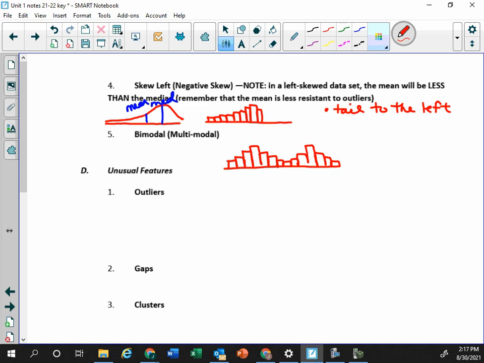All right, finally, on to the U part, the unusual features. So outliers are a common unusual feature. These are values that are extremely different.